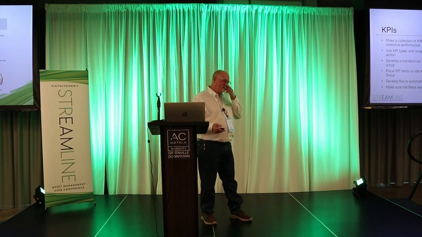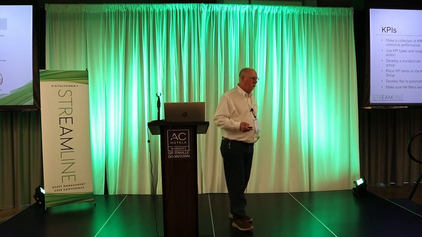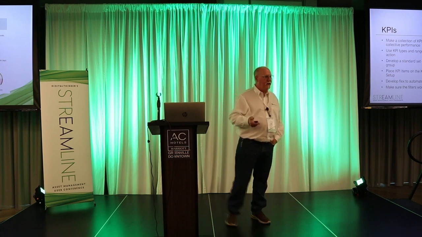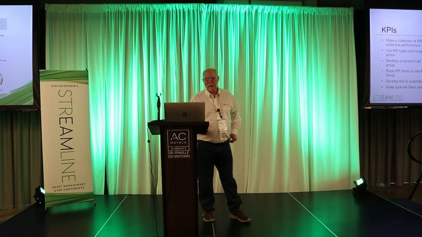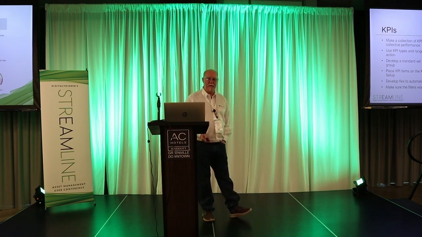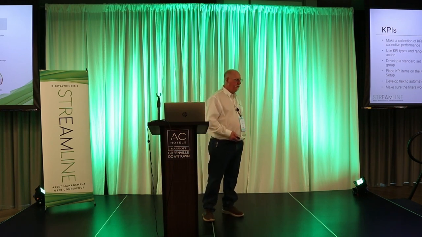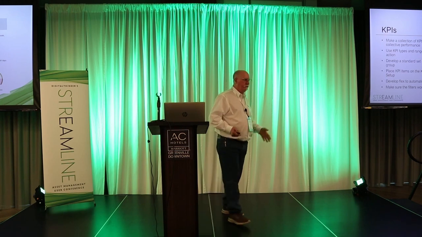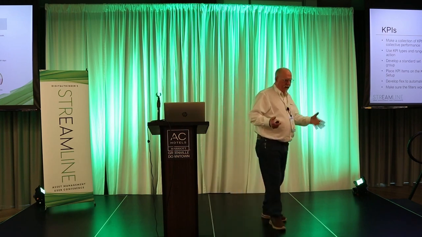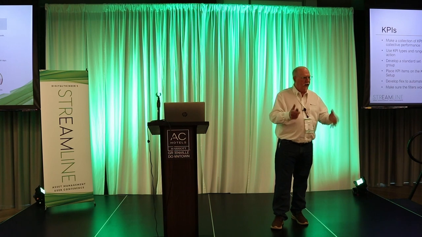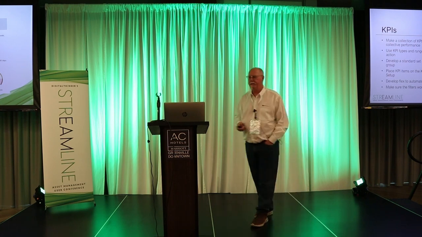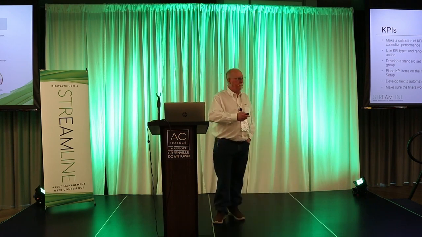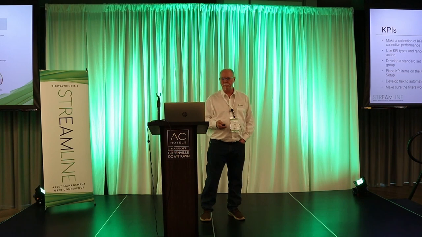If he sees he's getting behind on closing work orders, give him a visual indication that he's got overdue work orders that need to be dealt with. Develop a standard set of KPIs by user group. So if you got a bunch of maintenance mechanics, you might want a collection of KPIs that pertain to them. Information they need. Information that helps them get better at what they do.